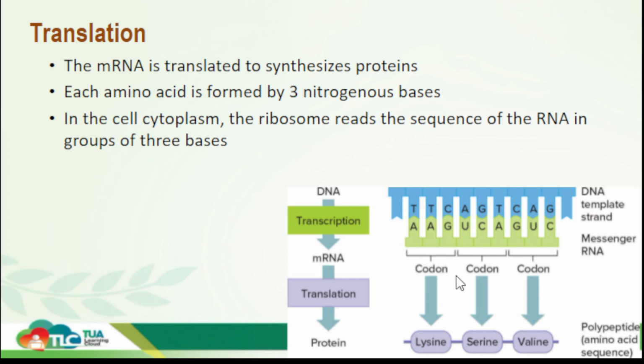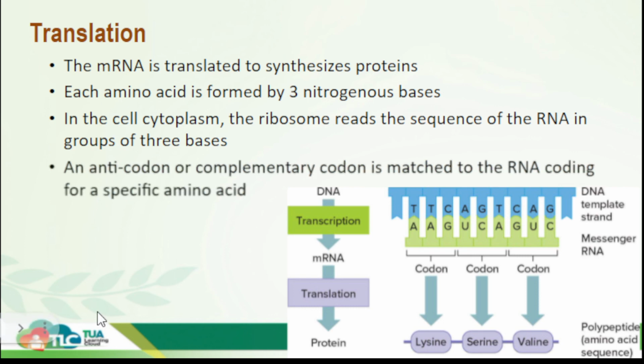And then, pag nabasa na niya, the ribosomal RNA will call for the transfer RNA containing the anticodon na swak dito sa binabasa nating codon. Once mag-attach, it will release the amino acid and will contribute to the growing protein.